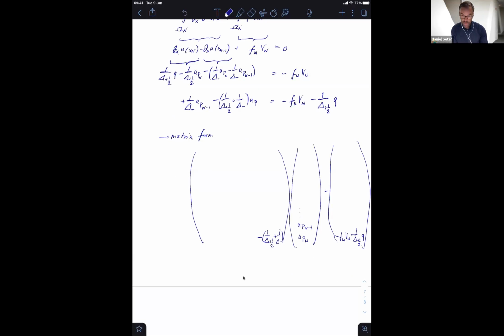That's the element for UPN. And in front of that, we would have the coefficient for UPN minus 1, and then 0, etc. So again, you see how we could build up the stiffness matrix and then have the discretized equation in a matrix form.